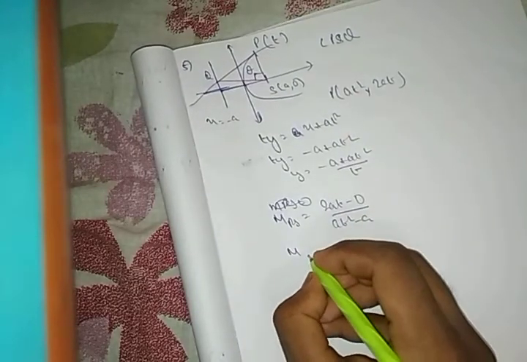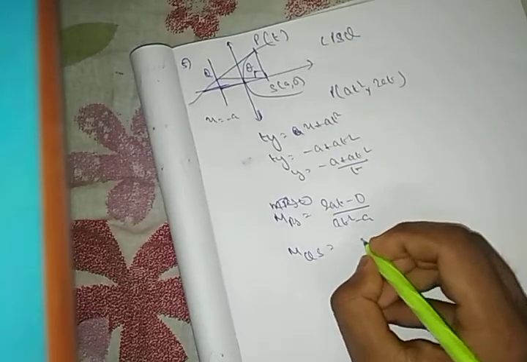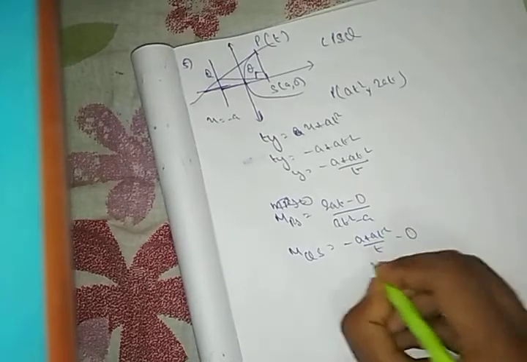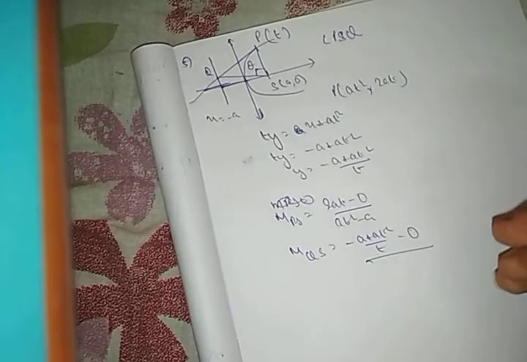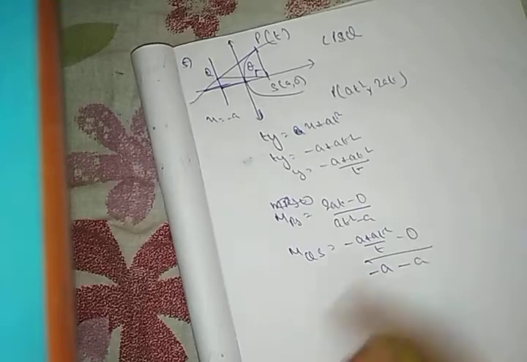And slope of QS will be minus of (a plus at square) by t, minus 0, divided by the x coordinate of Q which is minus a, minus a. Okay, so a cancels, it is 2t by t square minus 1.